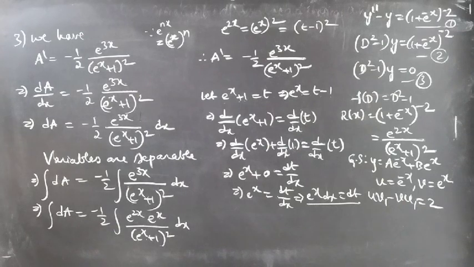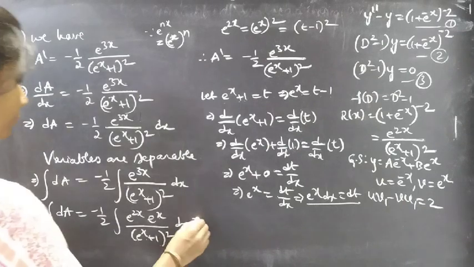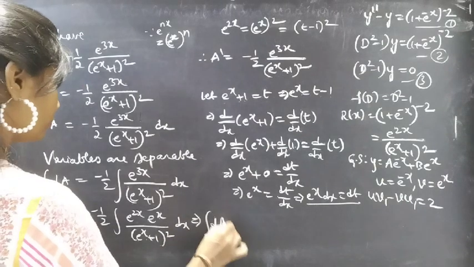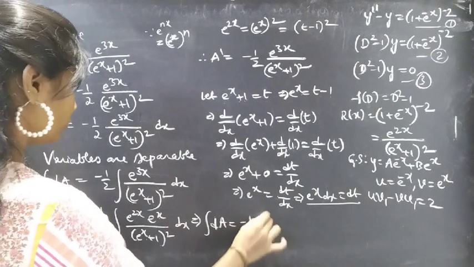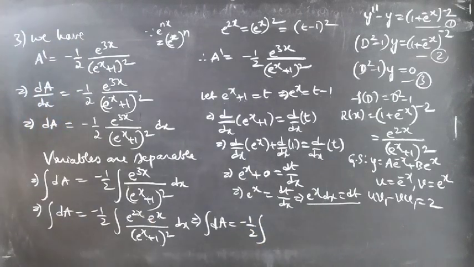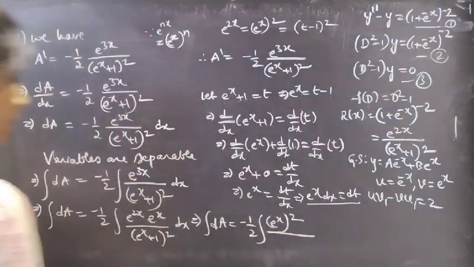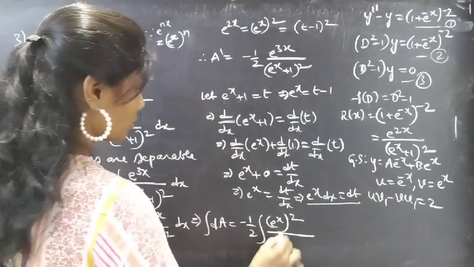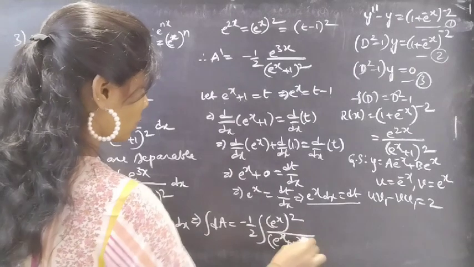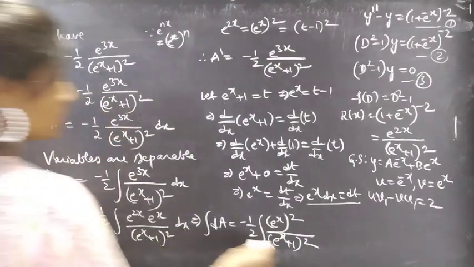Okay, let's write one more step. We can write e power 2x as e power x whole square by e power x plus 1 whole square into e power x dx.